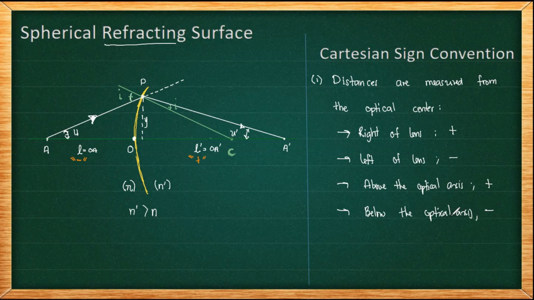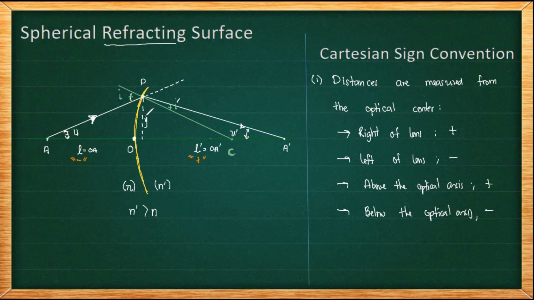Now the angles here, for the incident angle I and the refracted angle, that should be I prime there. We already have the sign convention for that, right? For these angles, I and I prime, we measure from the normal line.